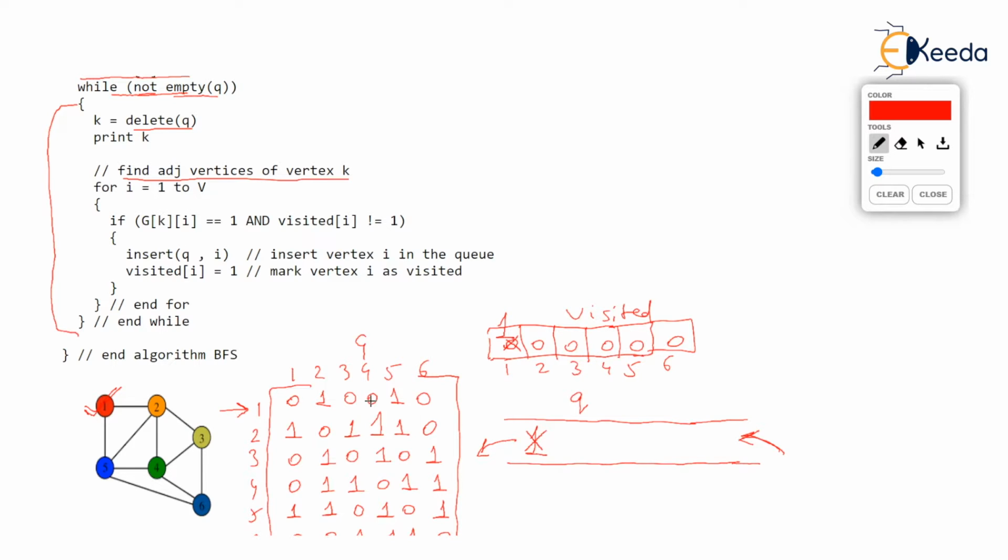And whichever columns have entry 1, that column number is the vertex which is adjacent to 1. So who are adjacent to 1? Vertex 2 is adjacent because column 2 is having 1. Vertex 5 is adjacent because column 5 is having 1 in row 1. So to do this, we will keep the row number as k. K is 1, remember.